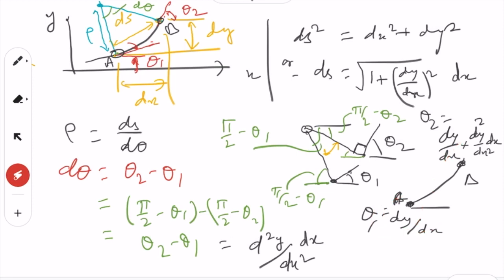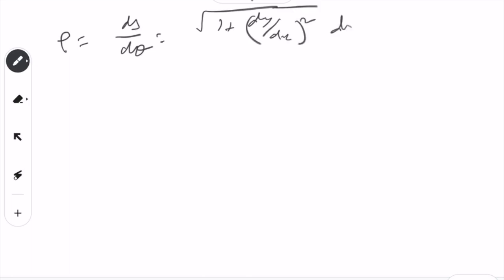So, if we have that, then rho becomes what? Rho is equal to ds divided by d theta, and d theta is equal to this one, right? So we get rho equal to ds over d theta, and ds equals the square root of 1 plus (dy over dx) squared, times dx, divided by d squared y over dx squared times dx.